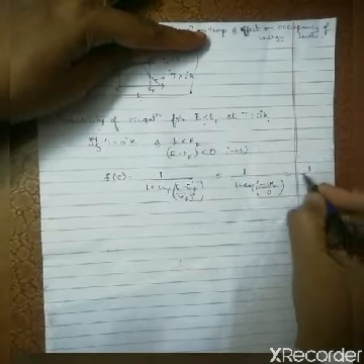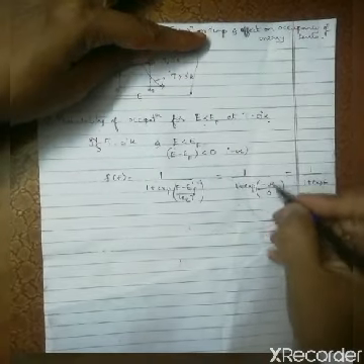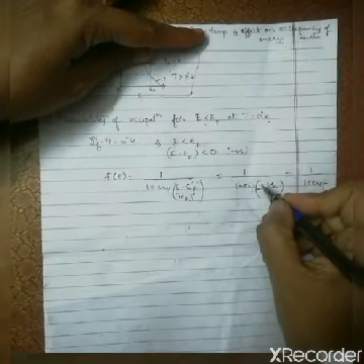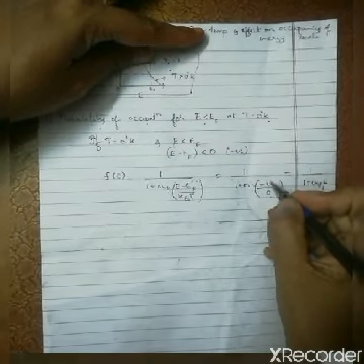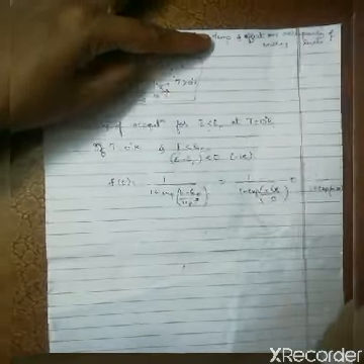So this will be 1 divided by 1 plus exponential minus 1 by 0. Any number divided by 0 will be equal to infinity, keeping the negative sign as it is. So this will be exponential minus infinity.